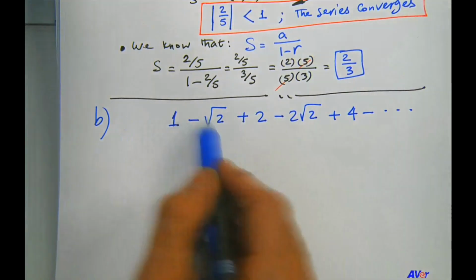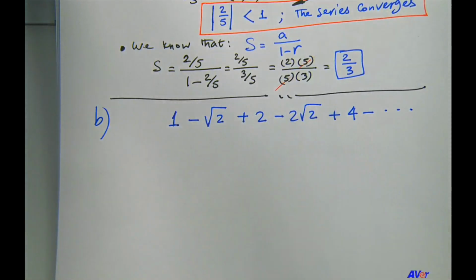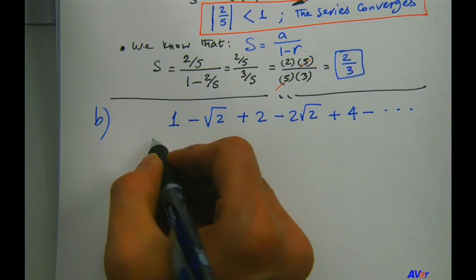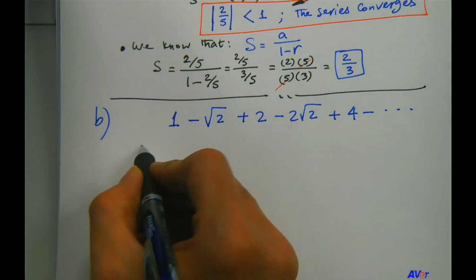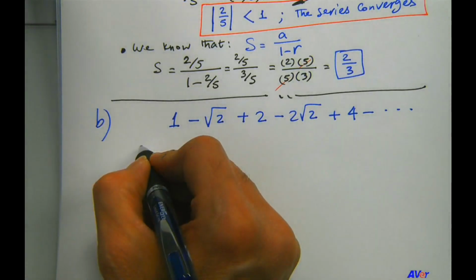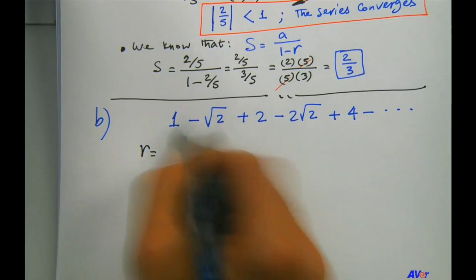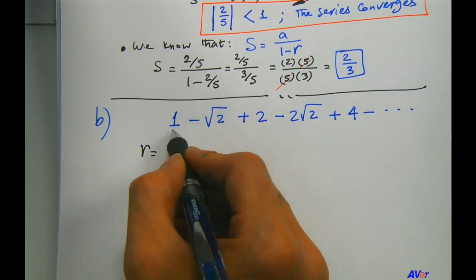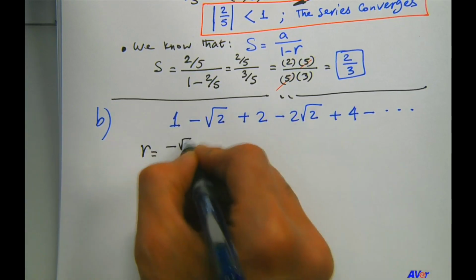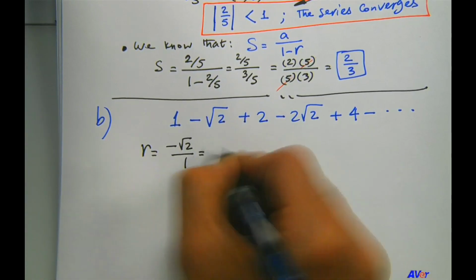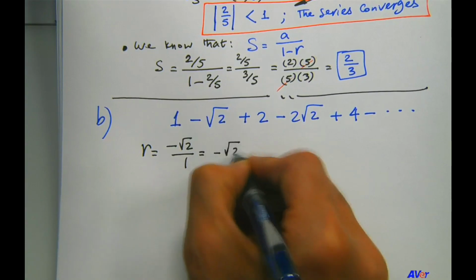So notice the alternating algebraic sign there. The first thing we have to establish is whether this is convergent or divergent, right? So let's establish that. r would be any of these numbers divided by the number previous to it, right? Minus square root of 2 over 1. So that is minus square root of 2.